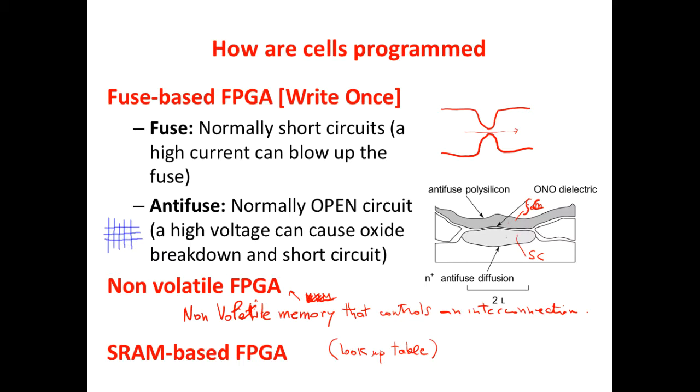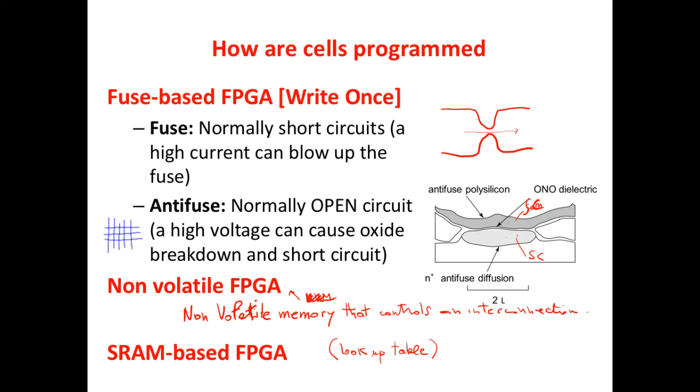Okay, another option that you can have is the non-volatile FPGA, in which typically you have a non-volatile memory which decides if the interconnection is present or is not present. So you have to program a bit of memory, a sort of flash memory, a non-volatile memory, and that bit allows you to put into contact two lines, two conductors, or to keep them isolated.